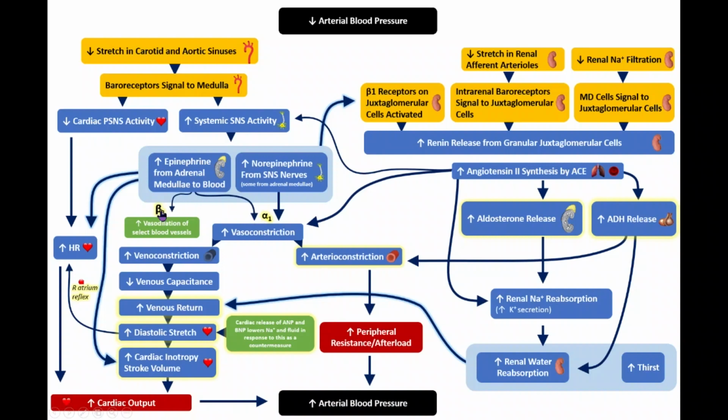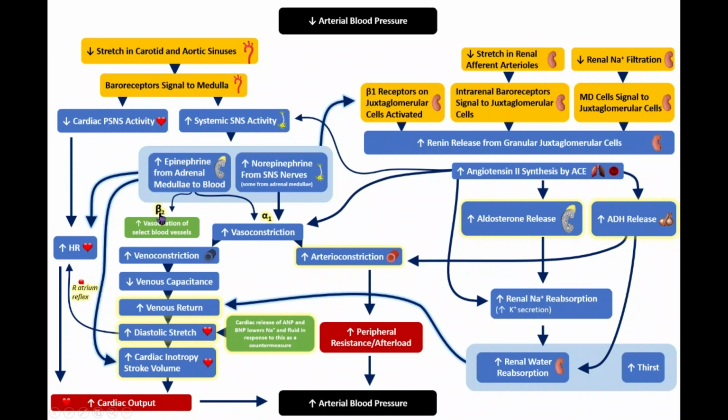That's because some blood vessels will have more beta-2 activity, and some blood vessels will have more alpha-1 receptors, and it depends on the relevance of that blood vessel. So if it's in skeletal muscle, there should be more beta-2 receptors because you need to dilate your blood vessels in skeletal muscle when you're exercising or when you have adrenaline, which is epinephrine, same thing.